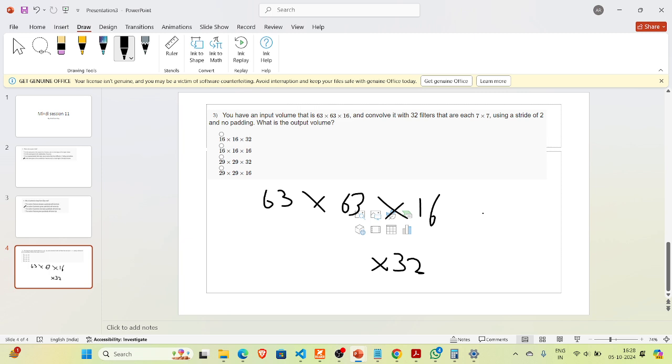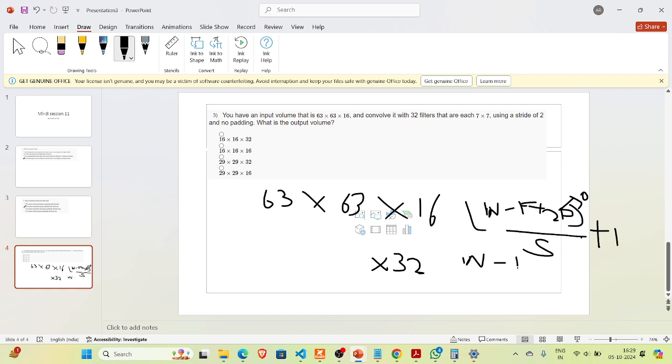Next, the output size that we have is (W minus F plus 2P) by S, plus 1. There is no padding, so P equals 0 here. What we have is (W minus F) by S plus 1.